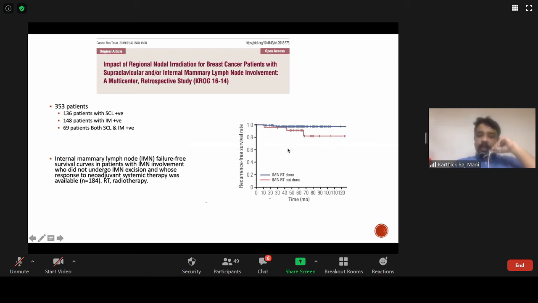Normally the neoadjuvant chemotherapy plays a major role here. When you see the failure pattern of the internal mammary lymph nodes, we have to be very careful about when to give the internal mammary chain and when not to give it.